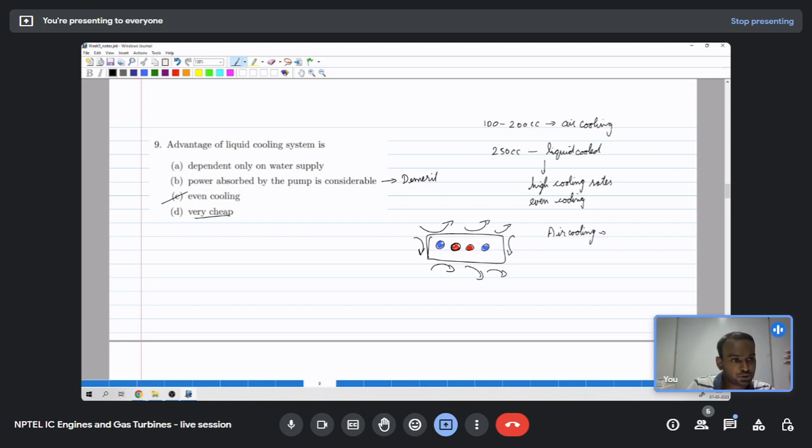That means you will have minimal parts for cooling. That is only fins, which are not an active component at all. They can very rarely fail, only with physical damage, and the fan is also relatively reliable. But in the case of liquid cooling, there are many components involved.